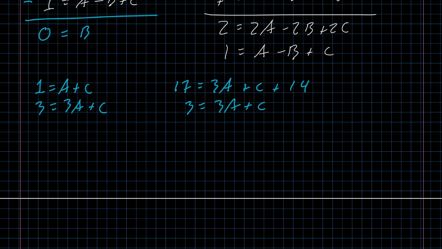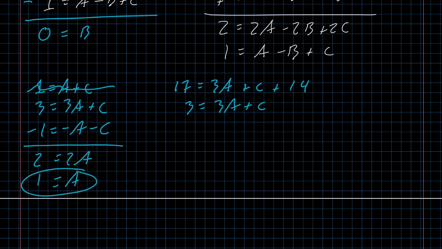Now I'm down to 2 equations in just a and c. Let's subtract these. Just take the negative of that first equation, gives me 2 equals 2a, which means that the value of a must be 1, and if I plug that back in, 1 equals 1 plus c, which means that c is also 0.